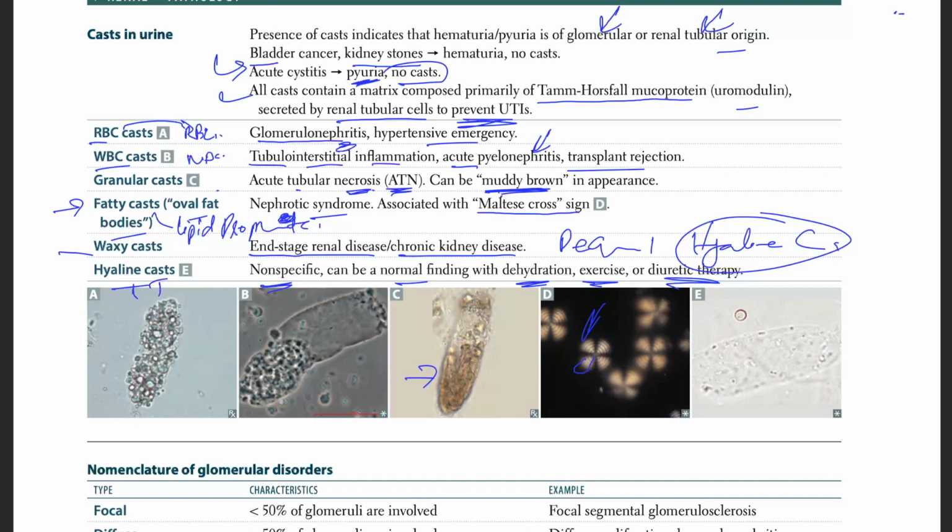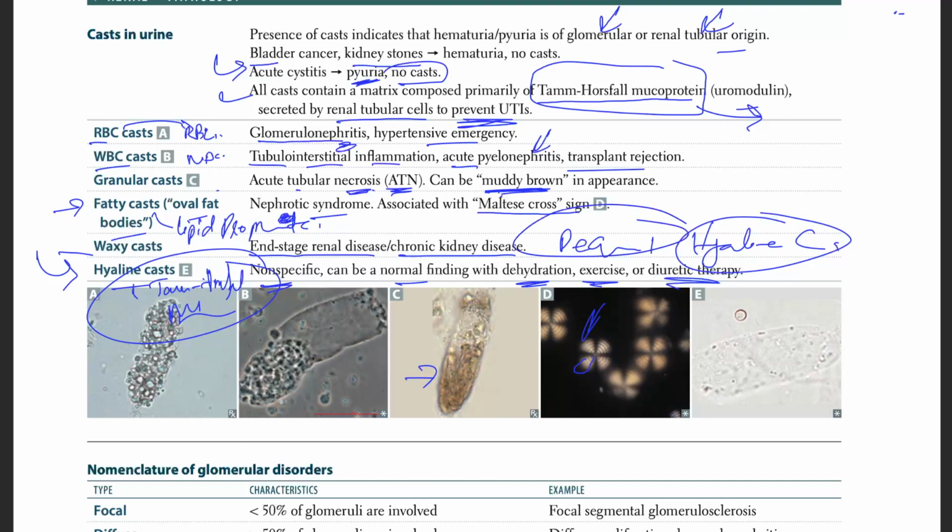They are the Tamm-Horsfall mucoprotein, or just protein. Tamm-Horsfall mucoprotein are normal casts known as hyaline casts. And if you have a degeneration of these hyaline casts, that is seen in ESRDs and CKDs.